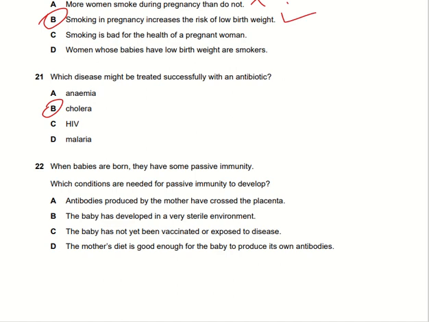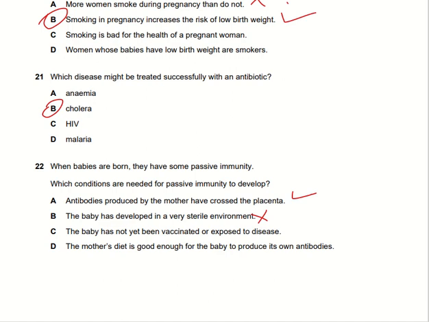When babies are born, they have some passive immunity. Which conditions are needed for the passive immunity to develop? Antibodies produced by the mother have crossed the placenta. Yes, some antibodies are gained from the mother. The baby has developed in a very sterile environment. This is not a reason. Whenever the baby encounters the environment, then it will have immunity; without encountering it can't have any immunity.